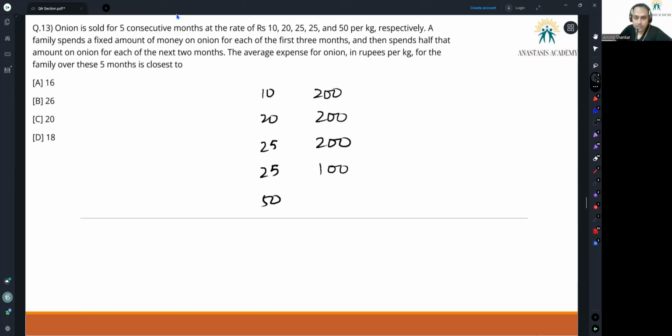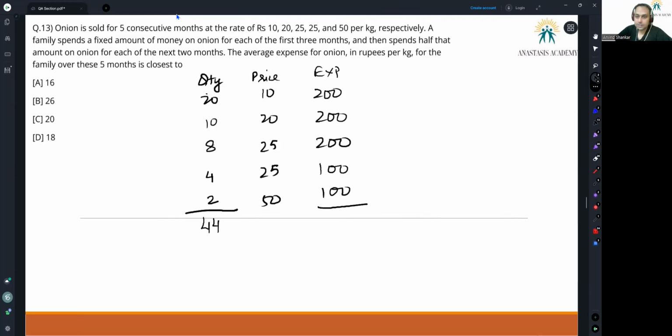And the last months, let it be 100, 100. These are prices, these are expenditures. So the quantities can be figured out with backward movement as 20, 10, 8, 4, and 2. Add the quantities up: 30, 30 plus 8 is 38, 38 plus 4 is 42, 42 plus 2 is 44.